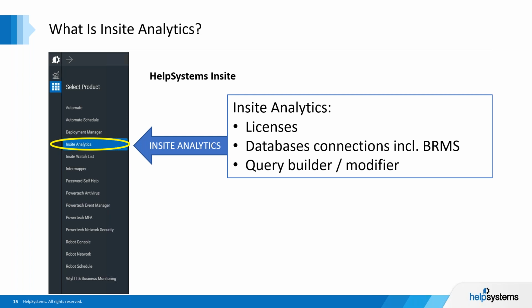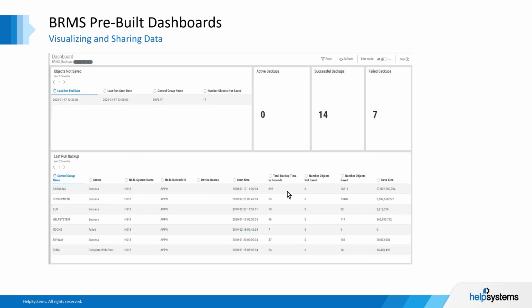So first thing you do is you come in here, Insite Analytics, and make your database connections. Like I said, I'll show you that in the demo just momentarily. Once you've made your connections between Insite Analytics and your BRMS systems, you're ready to display the dashboards, okay? You're off and ready to go. So this is one of them here, Insite Analytics.